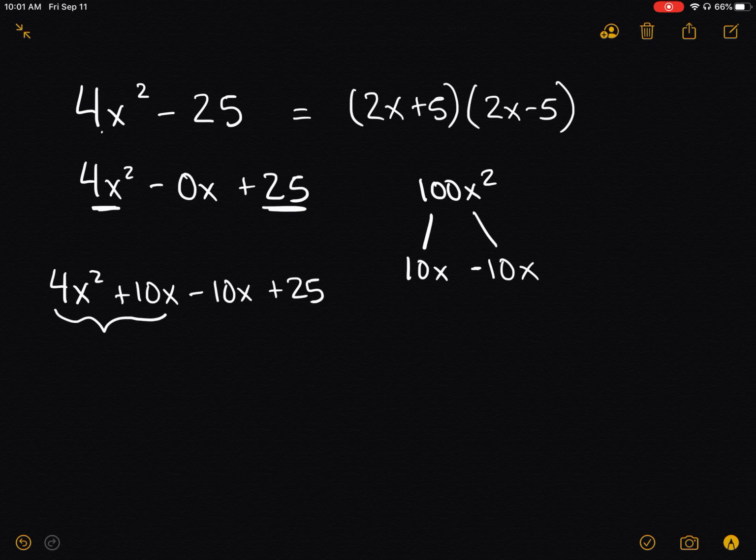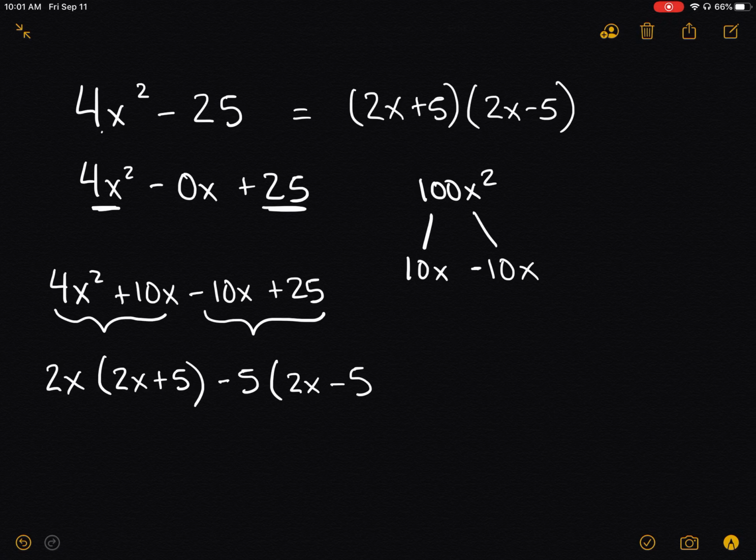With the same process, we group the first two terms, we group the last two terms, and we take out a common factor of 2x for the first, so we get 2x times 2x plus 5. Then the negative 10x plus 25 have a negative 5 in common, so we take out a negative 5, and we get 2x plus 5.